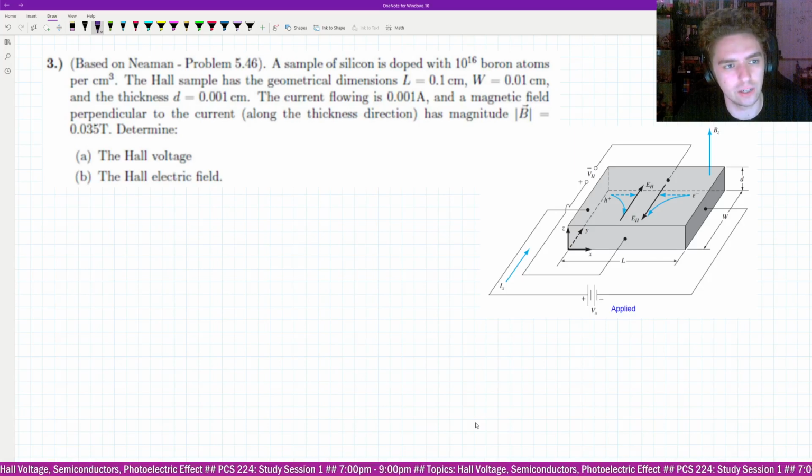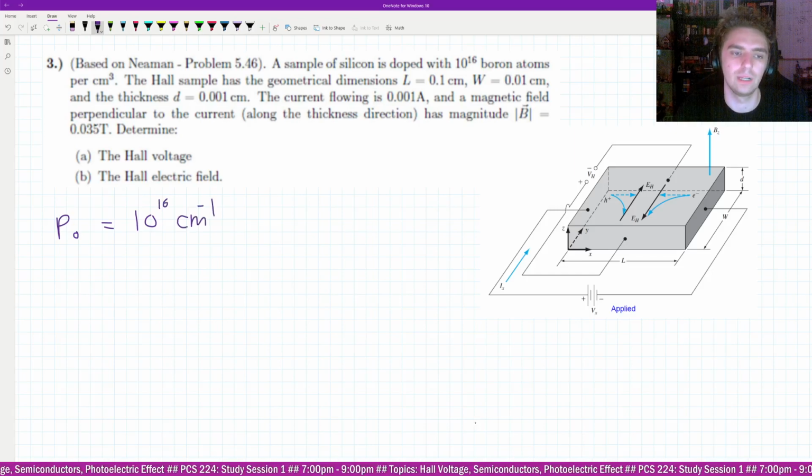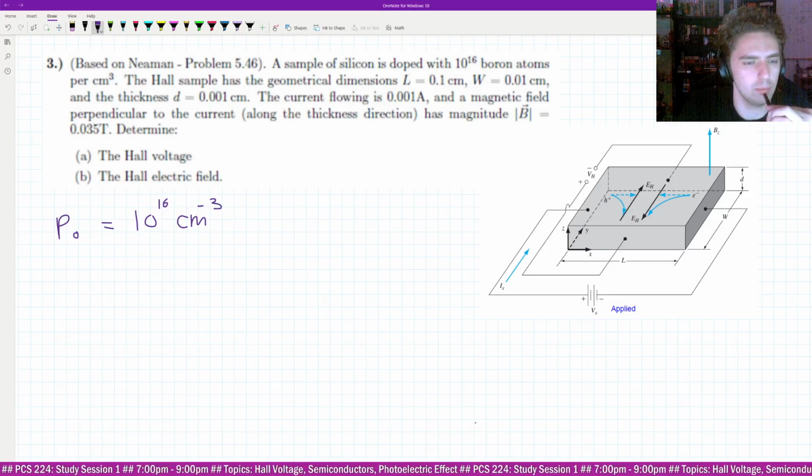This is essentially saying your density of holes. So p naught, p0, is equal to 10 to the 16 per centimeter cubed. I'm pretty sure that's right.